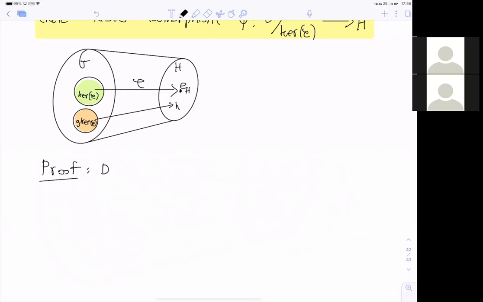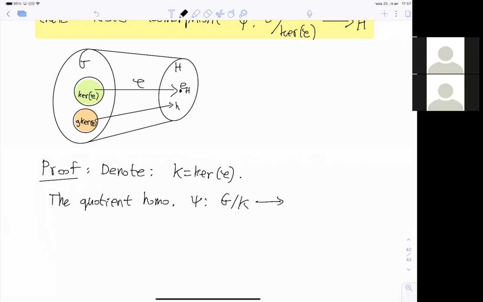So for brevity, we denote the kernel of phi by just K. Okay, so we have the quotient homomorphism.